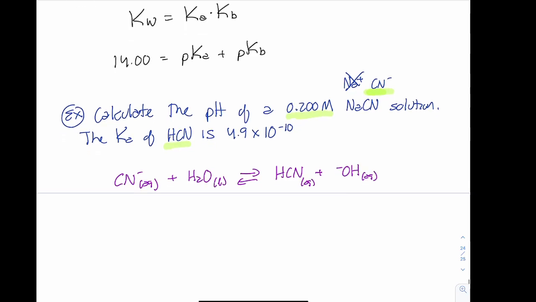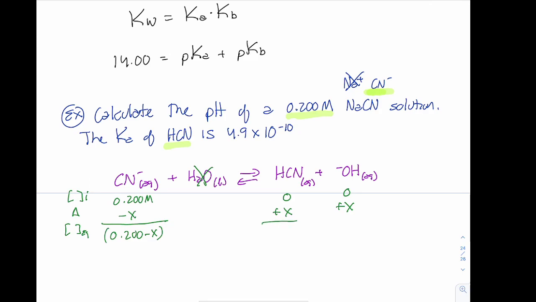We're going to set up our ice table. So 0.200 molar, don't care about water, 0 and 0. Lose some unknown amount called x, gain it to the product side. All of them are 1x because I have coefficients of 1.